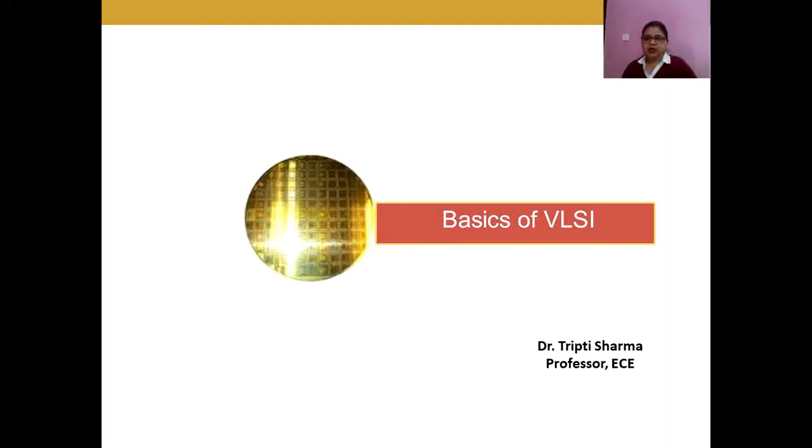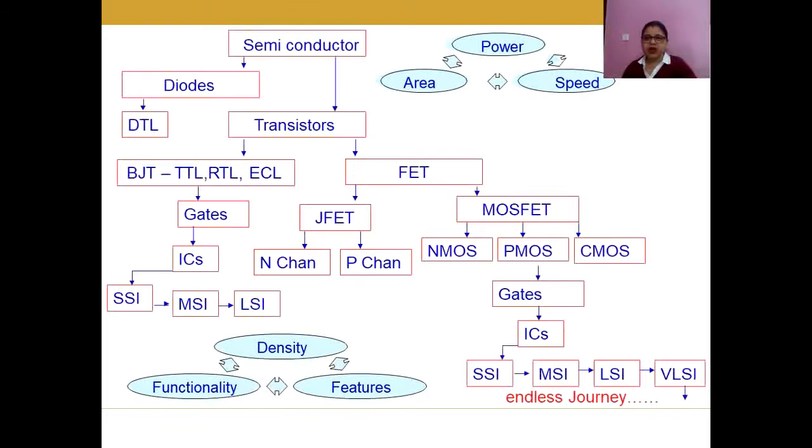Now when we say basics of VLSI, firstly we have to understand how many categories the semiconductor devices are broken into. The segmentation of the semiconductor devices took place like this. It's a complete tree of the semiconductor devices where we started from the diodes, then we come to the transistor.